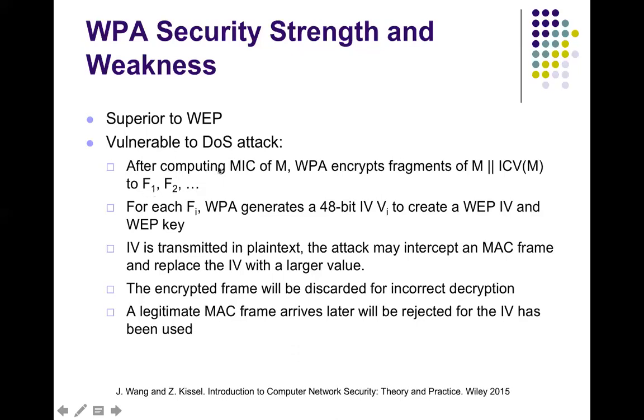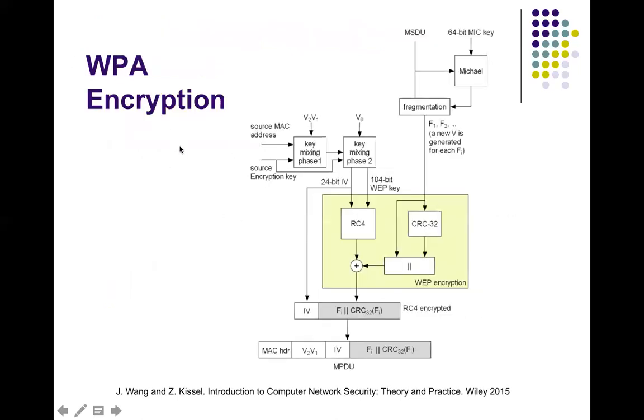That's what WPA does. Then for each such fragment, WPA needs to generate a 48-bit initial vector to create a WEP initial vector and WEP key. So this is a per-frame key. Each of these F sub I will get a new IV I and a new K sub I as a WEP key. Again, this is what WPA does.